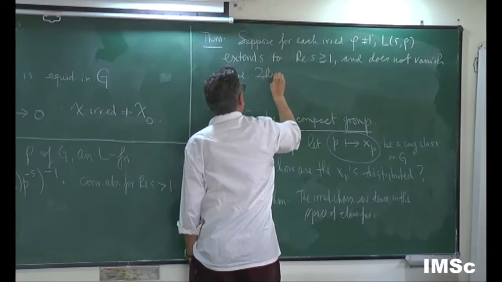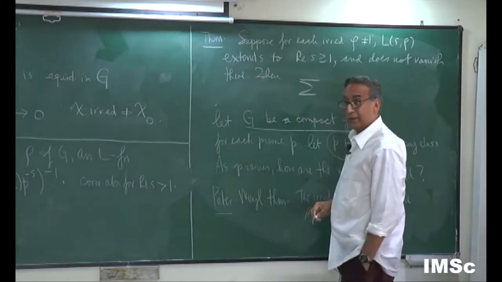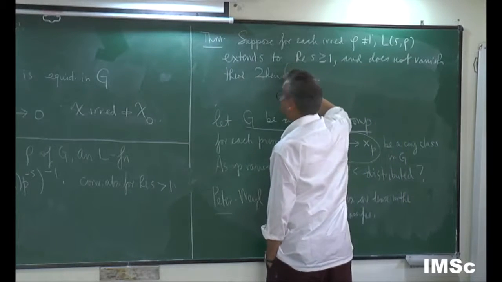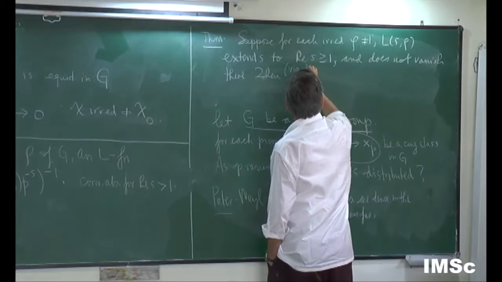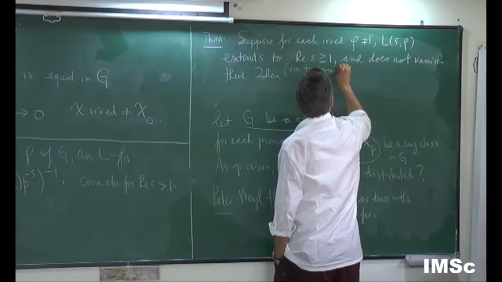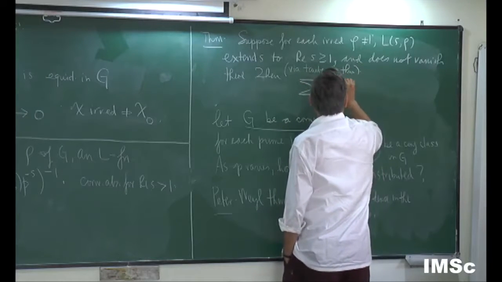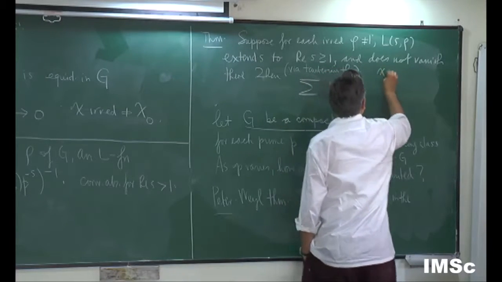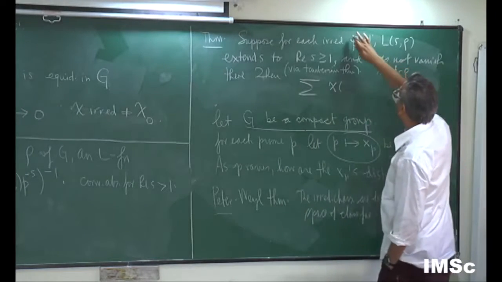Then by the Tauberian Theorem, essentially, that's the proof via the Tauberian Theorem. Chi is the trace of rho, by the way. So there's a representation, there's a character attached to the representation.